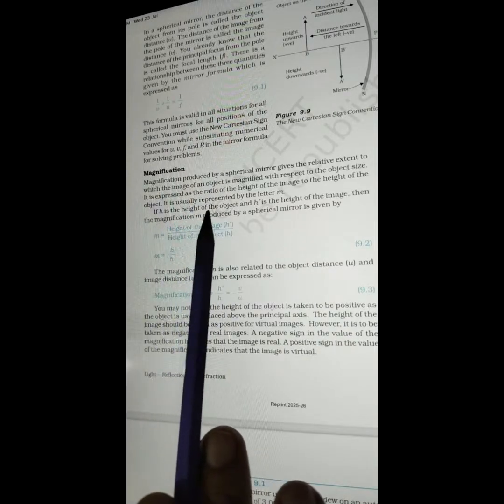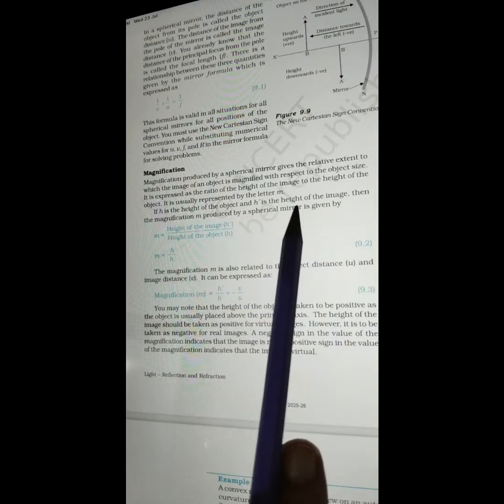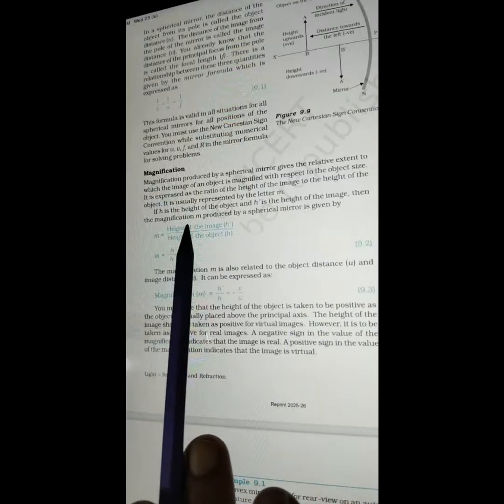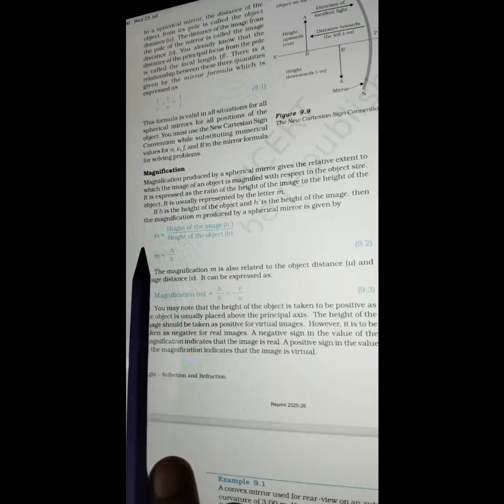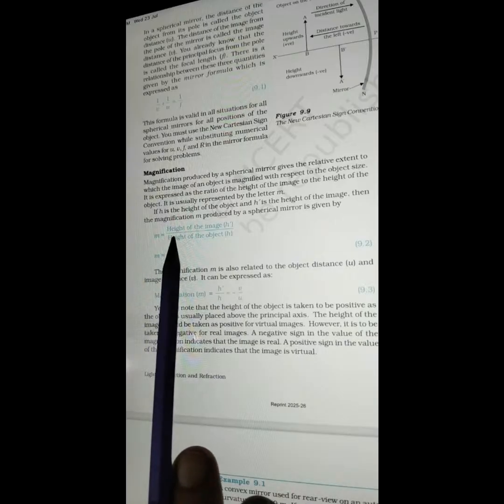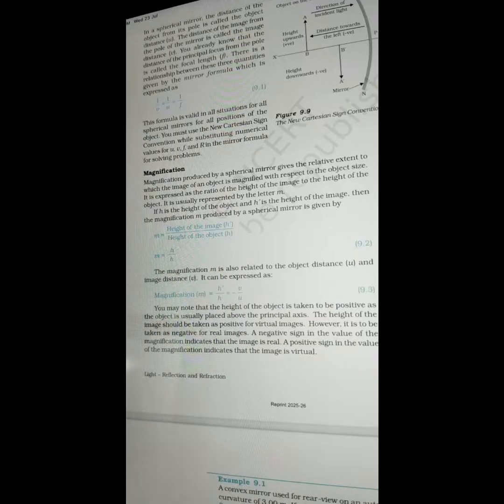If small h is the height of the object and h dash is the height of the image, then the magnification m produced by a spherical mirror is given by the formula m is equal to height of the image h dash divided by height of the object h.